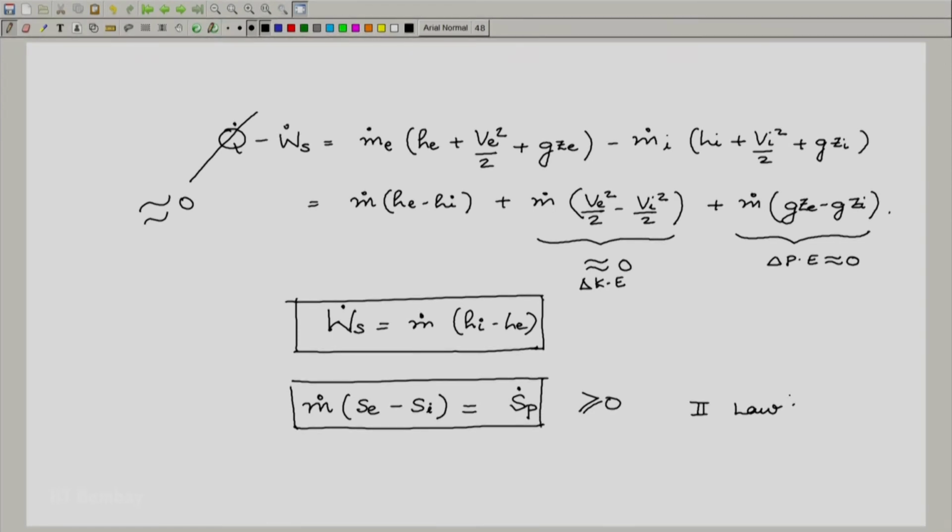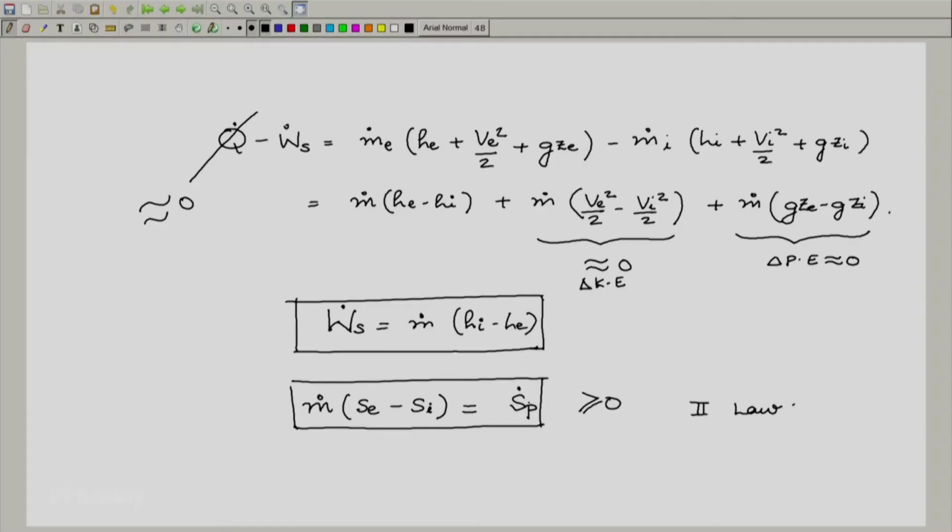This implies that if the system is adiabatic, then because the right hand side is a positive quantity, S E necessarily must be greater than or equal to S I. Of course, this is assuming Q dot equal to 0.